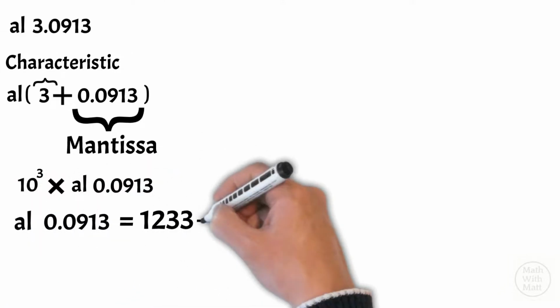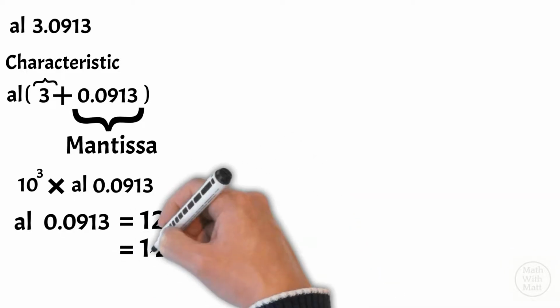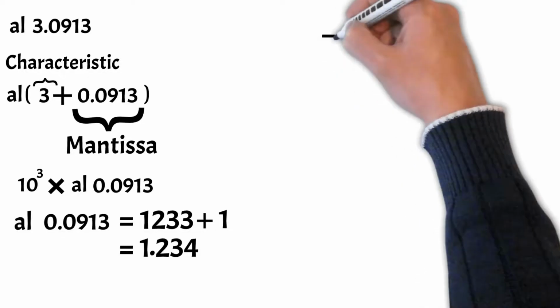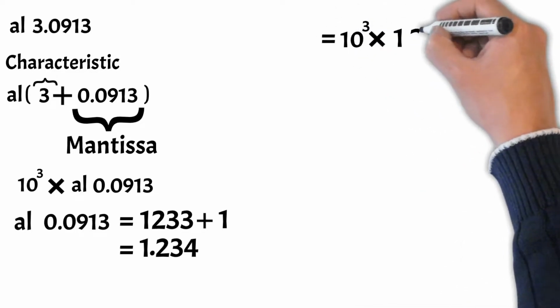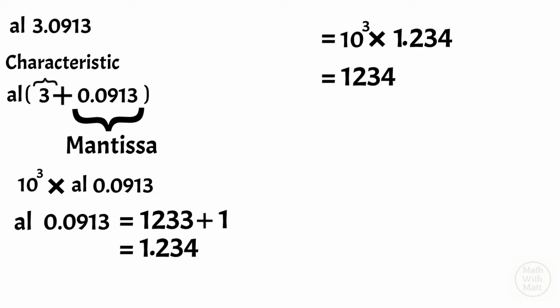We add both 1233 and 1, and get 1234, and do not forget to add a decimal after the first digit, so what we found from the antilog table is 1.234. And lastly, we multiply 1.234 with 10 to power 3, and get 1234, as answer to antilog of 3.0913.